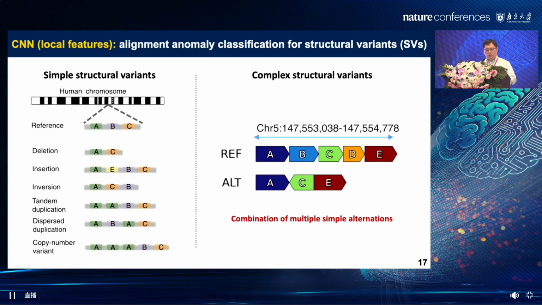On the left side are simple structural variations with all kinds of deletions, insertions, inversions, and duplications. On the right side are so-called complex structural variations. By definition, we cannot explain them with just a simple sequence alteration, only with a combination of multiple alterations.